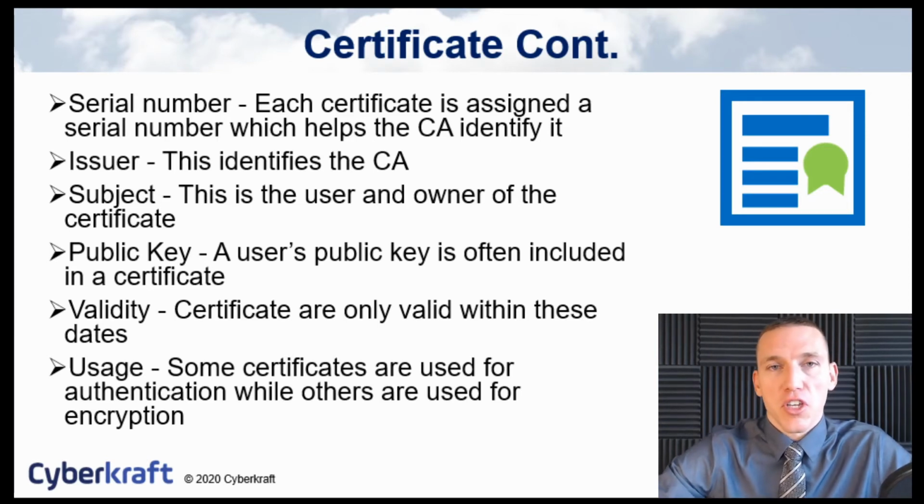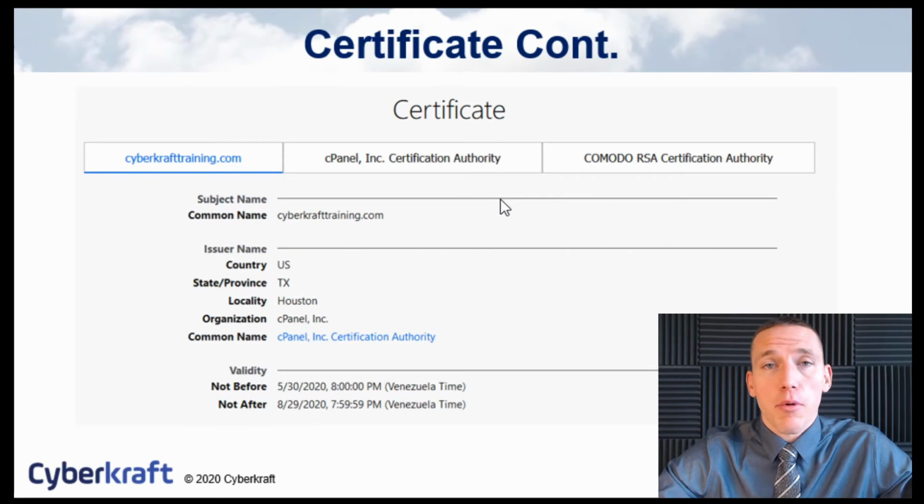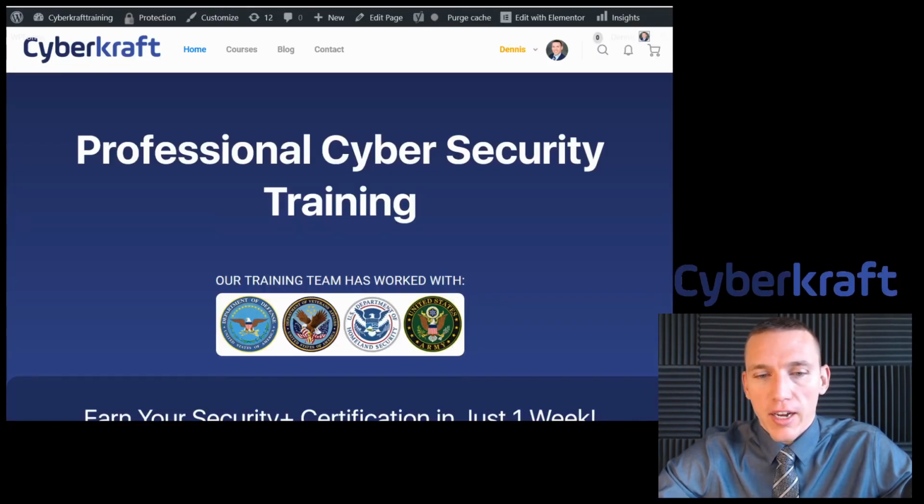or HTTP secure. Here's an example of a certificate used for cyberkrafttraining.com, and you'll see that this certificate was issued by cPanel Incorporated based out of Houston, Texas. And the way I found this certificate, at least when you establish a HTTPS connection, is to just right-click on the lock icon that you'll see within your browser, and then you'll see an information for the certificate.